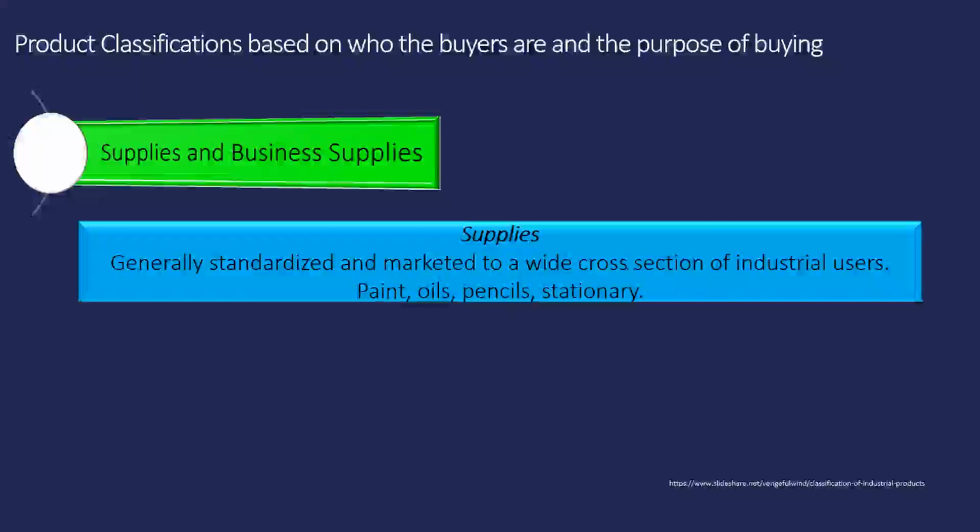Of course, it should have a standard quality or standard size. Examples are paint, oils, pencils, and stationery. The pencils that you sell on Java Island will be similar to the pencils you sell here in Kalimantan.